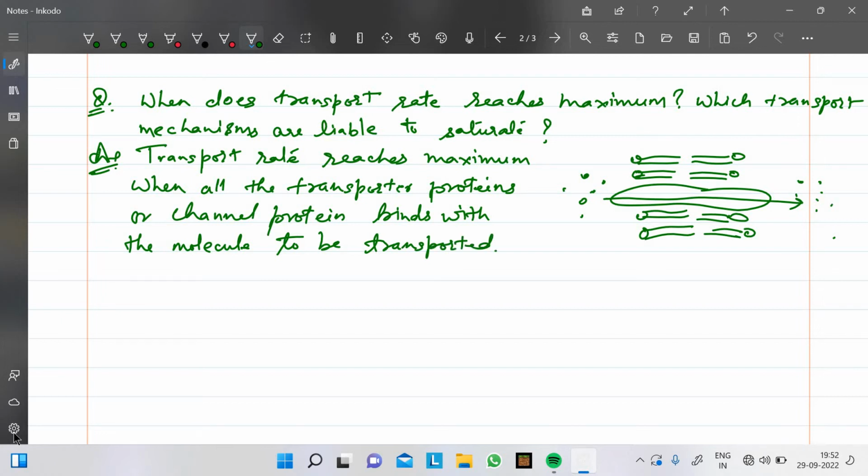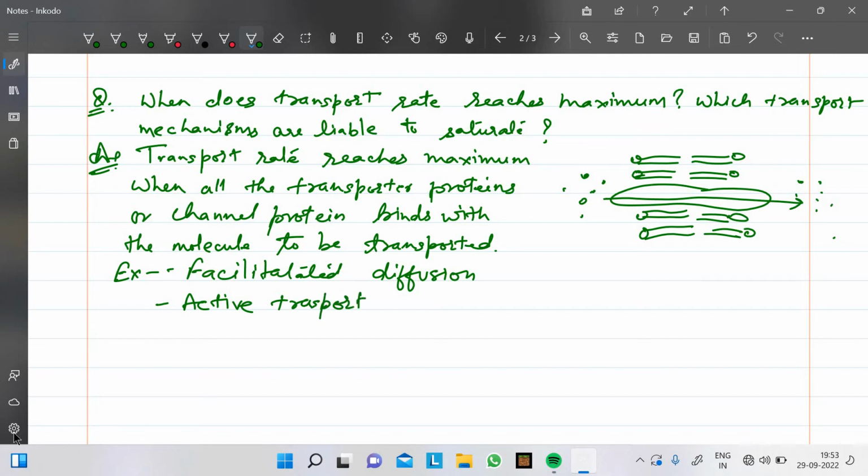Okay, and example है इसका facilitated diffusion and active transport. In both these cases, saturation occurs. These two mechanisms are liable to saturate.